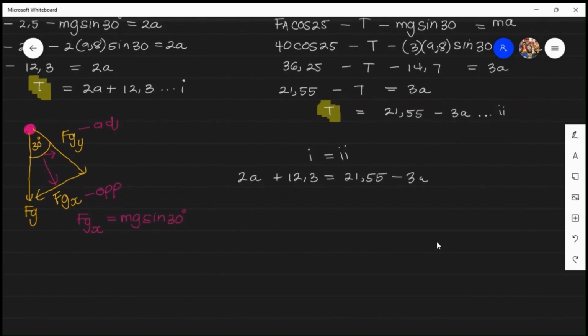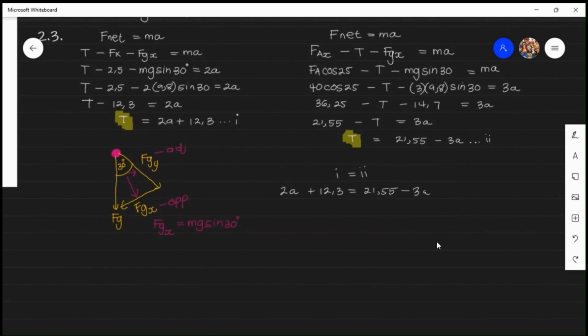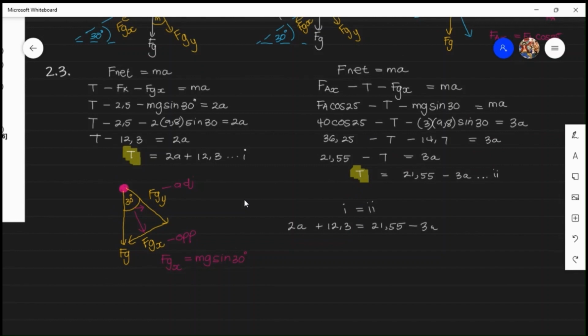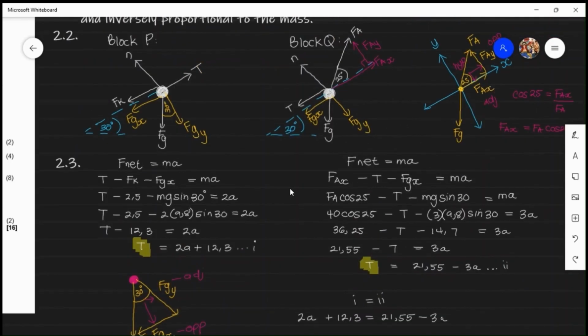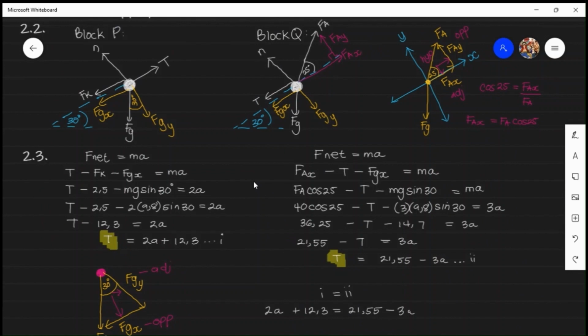But let us quickly take a step back and recap what we are actually doing, because I know this was quite a long experience. There was quite a number of steps involved, and you might have forgotten what our original goal was. So we were asked to calculate the acceleration of block P. Now keep in mind, tension and acceleration are unknowns.